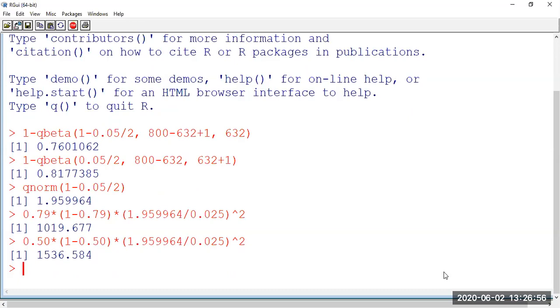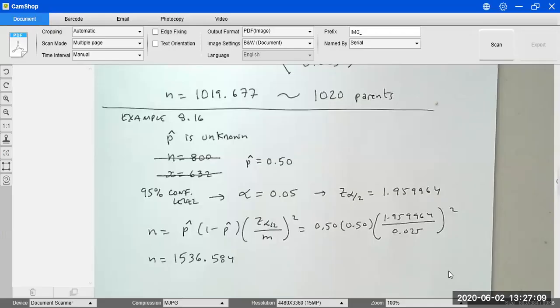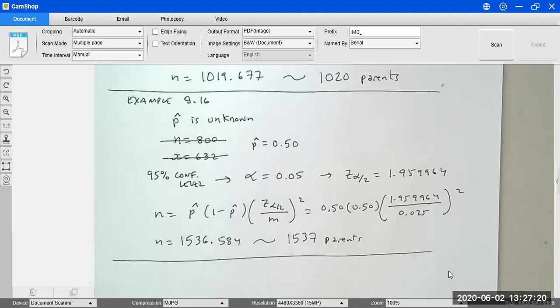The answer is 1536.584, but we cannot interview a fraction of a person. So we need to interview 1537 parents to know about their beliefs on physical education on academic performance.